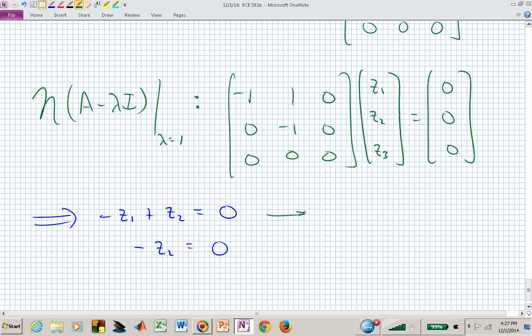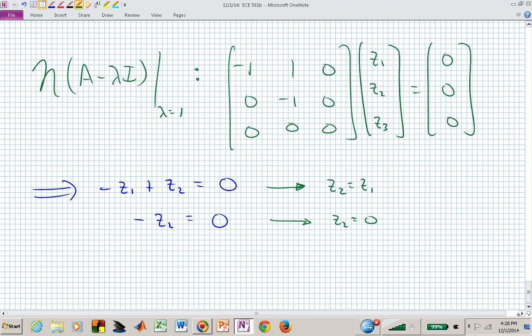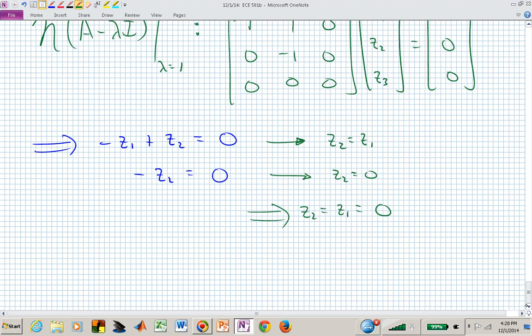The first row, though, we could rewrite and say that z2 is equal to z1. The second row actually tells us that z sub 2 is equal to 0. Combining that with the first row's result says that z sub 2 is equal to z sub 1 is equal to 0. We now know that z1 and z2 are both 0 in the eigenvector associated with lambda equal to 1. And z sub 3 can be anything.